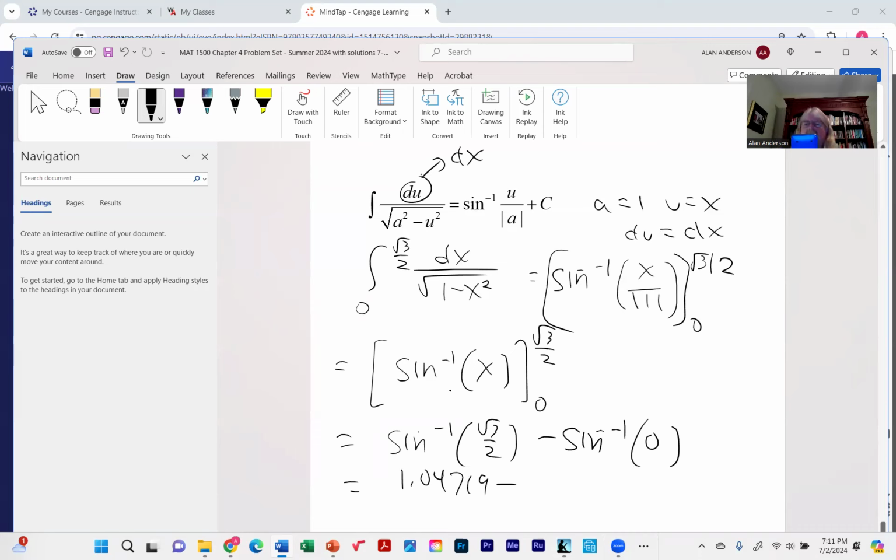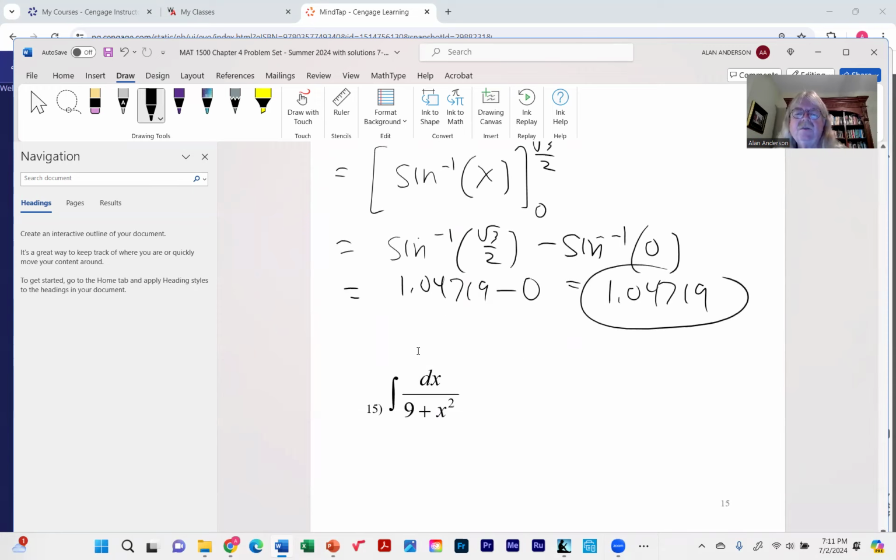And the arc sine of 0 is 0. It's probably something like, for example, pi over 3 radians, something along those lines. But anyway, this is the final result.